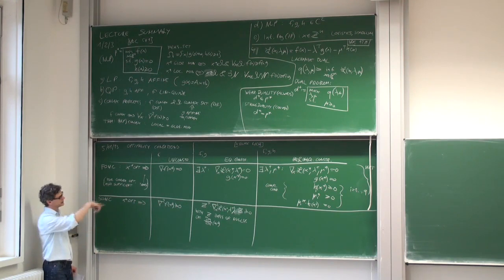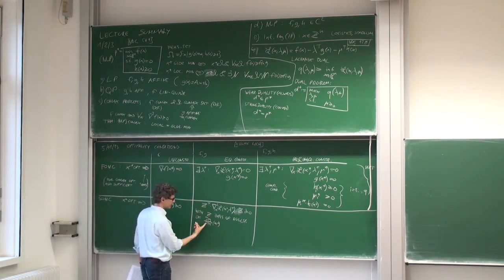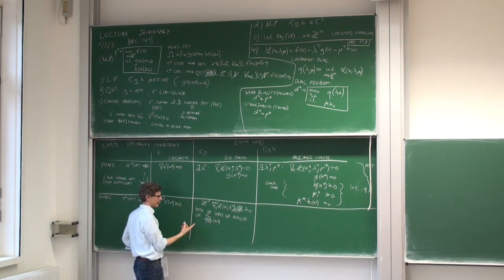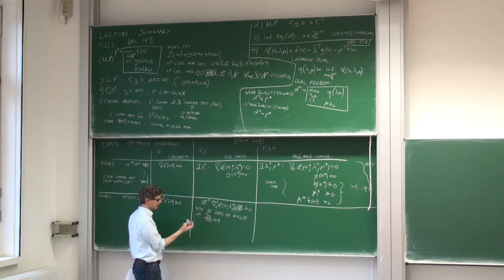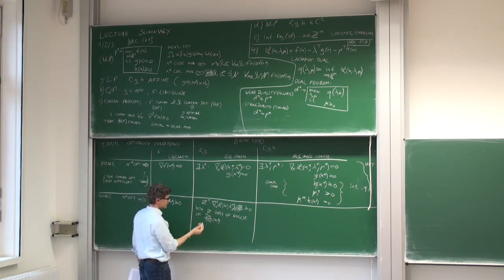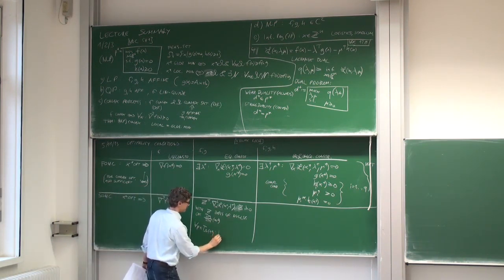I think we need even the next blackboard, so I will use some more space. I can also have an alternative way of expressing it. I could also say, in this case, actually, this Z spans the tangent space because of LICQ. So we could also say, for all P element in the tangent space of x star, we have the property that P transpose times the second derivative of the Lagrangian at the right argument should be positive semi-definite.